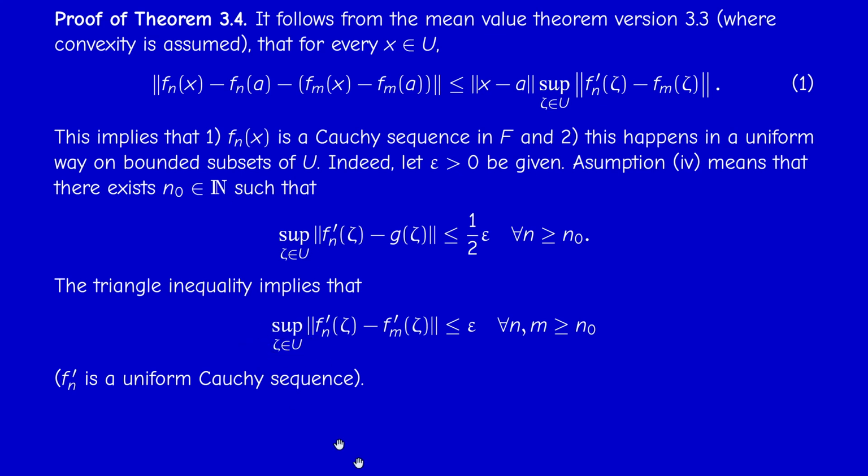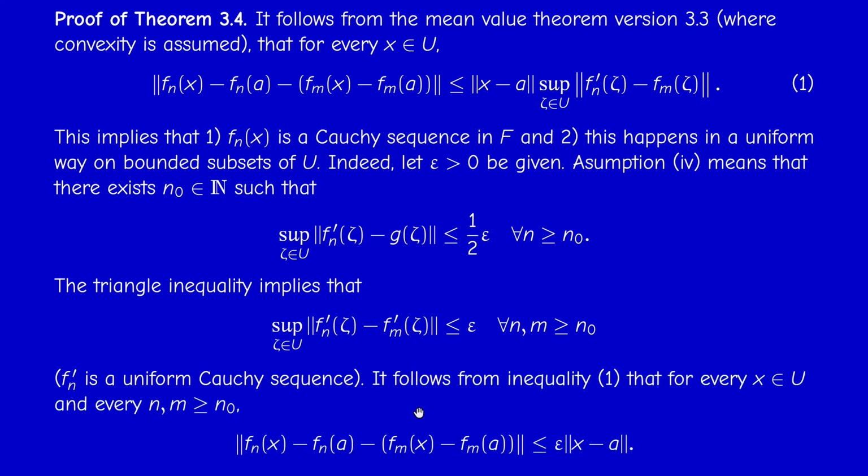So you have what we call a uniform Cauchy sequence. Therefore, if I go back to inequality 1, I see that the left-hand side is less than epsilon times the distance between x and a, for every n and m larger than n0.